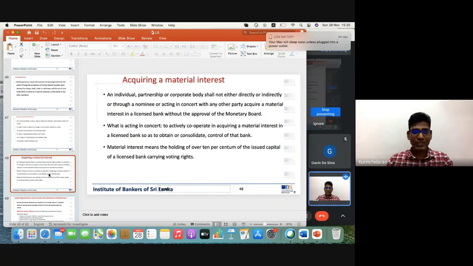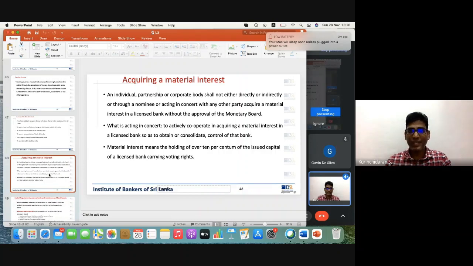And also, I'm just trying to cover the major areas. Another one is acquiring a material interest. If a bank has shareholders, and a shareholder has bought shares that are more than 10% of the bank's total shareholding, that's a material interest.